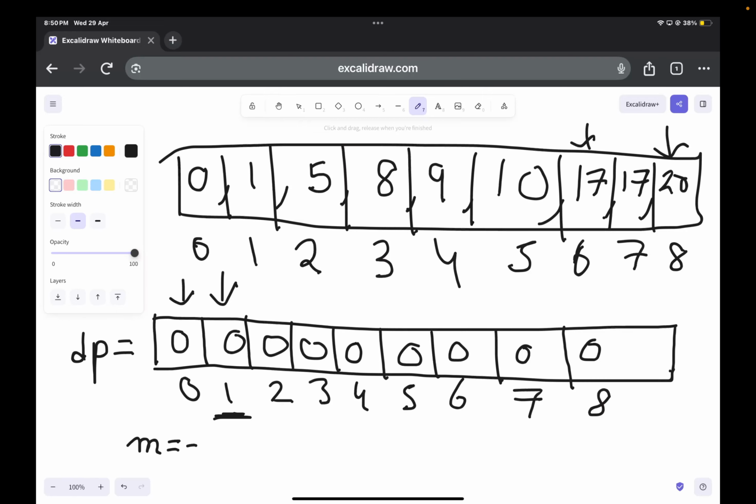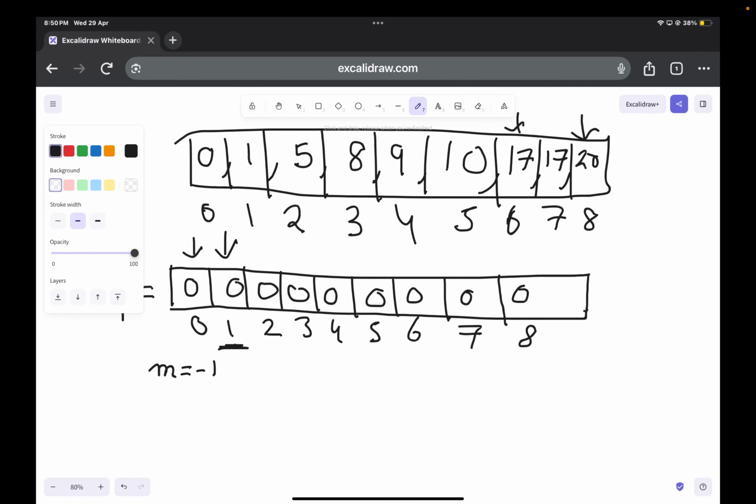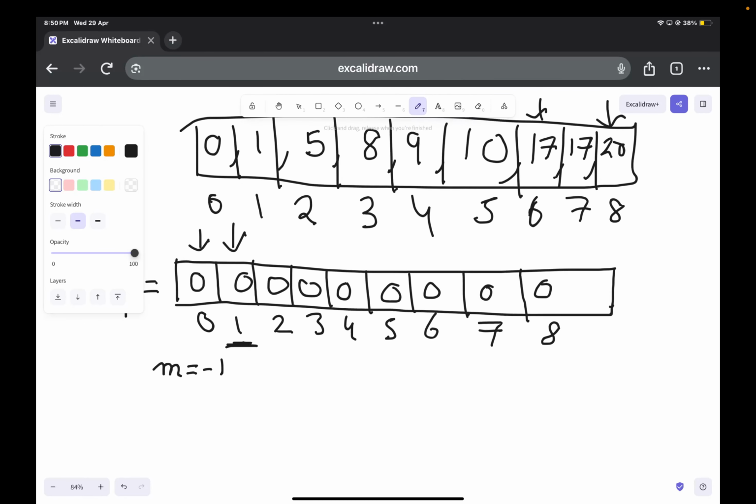So I am taking -1. It is just a global variable to compare. Max value is -1. Am I clear? Yes, sir.